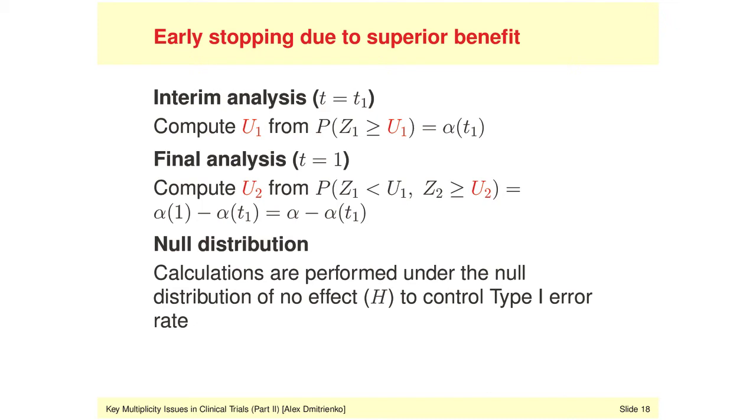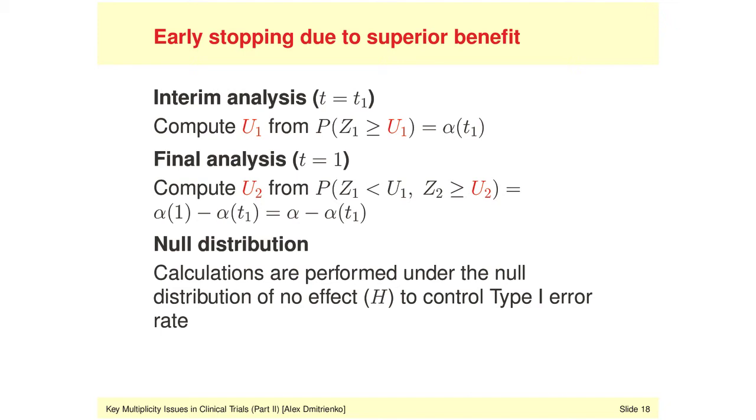This quantity is computed from the bivariate distribution of Z1 and Z2, as you can see on the slide, and the probability that we can compute corresponds to the probability of not being able to reject the null at the interim analysis and rejecting the null hypothesis at the final. We're going to set this probability to the amount of alpha that we have left after the interim analysis, and that quantity is equal to alpha minus alpha evaluated at T1.